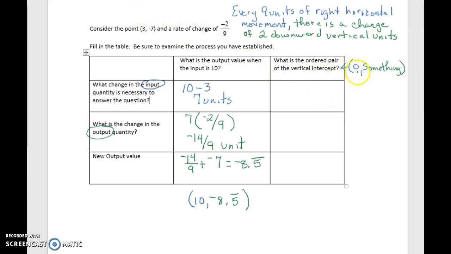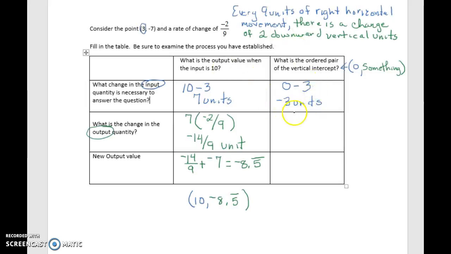So we want to find the input value of 0. If our input value is at 3 and we want to go to 0, so 0 minus 3, because we would have to go to the left to get to 0, that is -3 units of horizontal change.